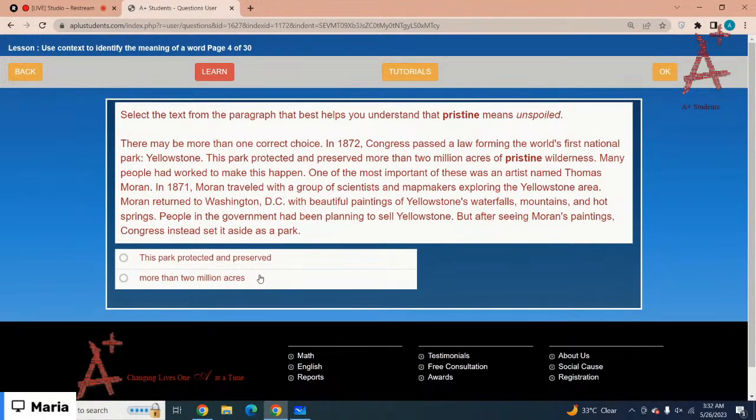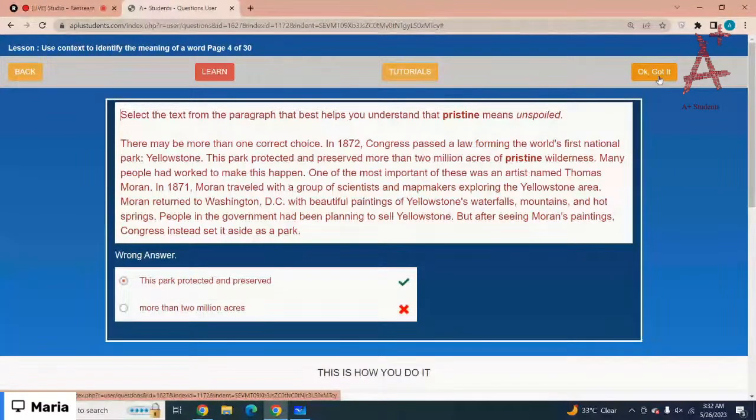The second one, more than 2 million acres. The park protected and preserved. Okay, that means the park is protective and preserved.